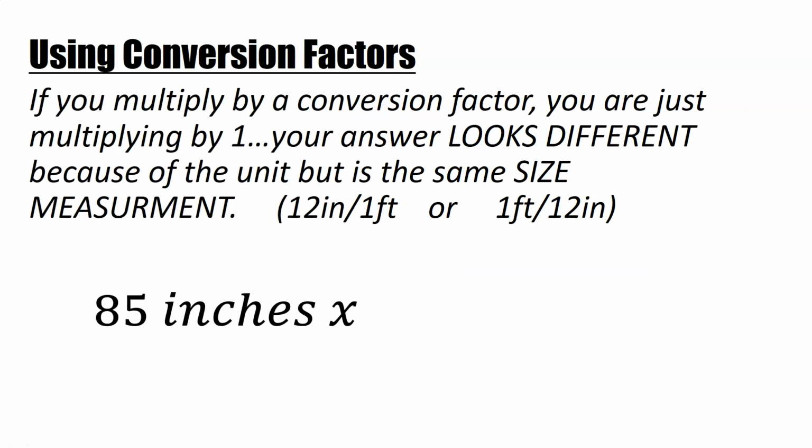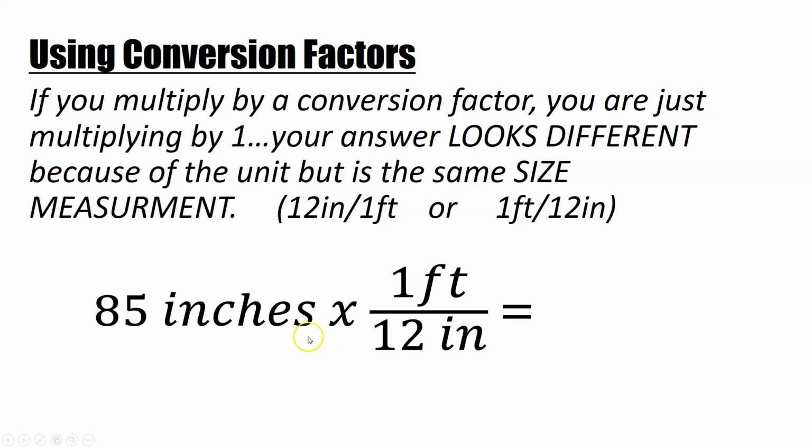We're going to use these conversion factors, and we're going to make use of the fact that 1 unit on top is going to cancel with 1 unit on bottom. So if I have 85 inches and I have 12 inches down here, these inches cancel out, and I'm going to be left with feet as my final unit.